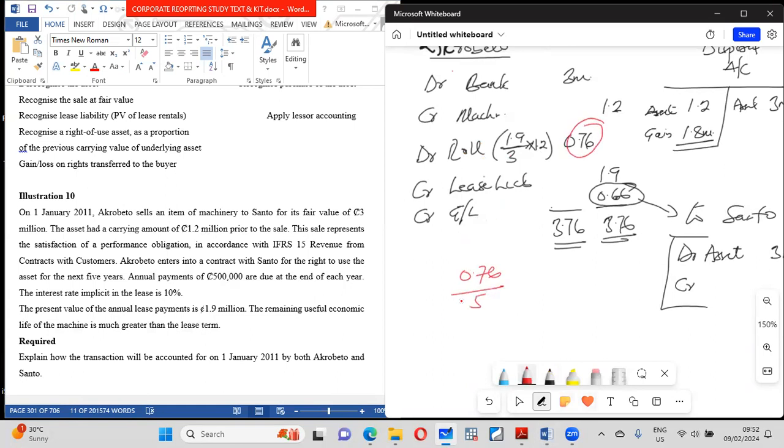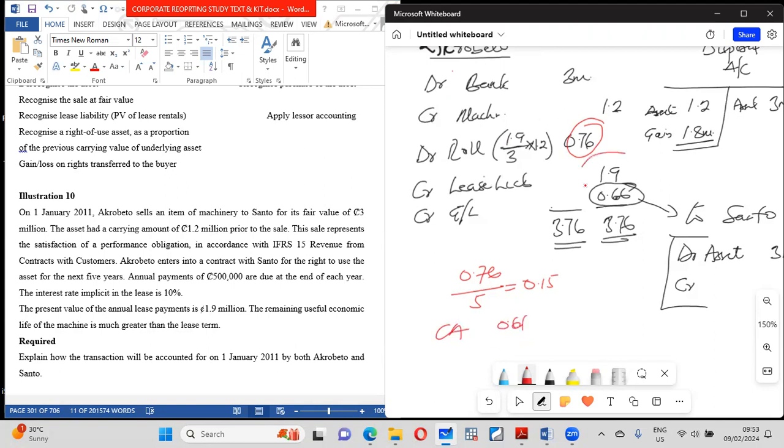You will depreciate it over 5 years. So 0.76 divided by 5 years is 0.152, so 0.15 rounded. If I now deduct it from my 0.76, my carrying amount will be 0.61.